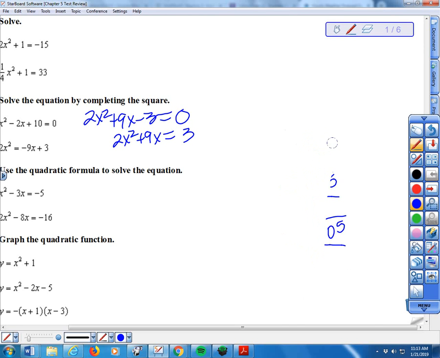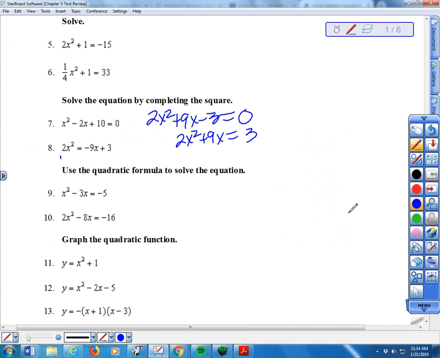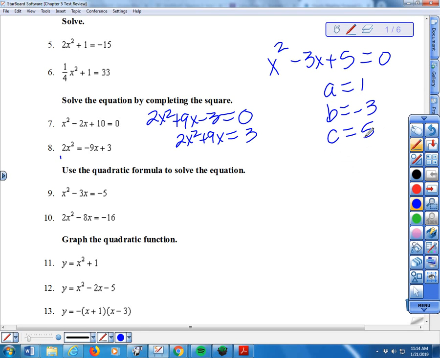Okay, use the quadratic formula to solve these. So first step is always to put it in standard form. Identify a, b, and c, and then put it in the quadratic formula.